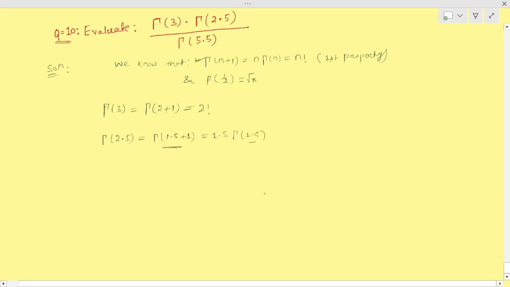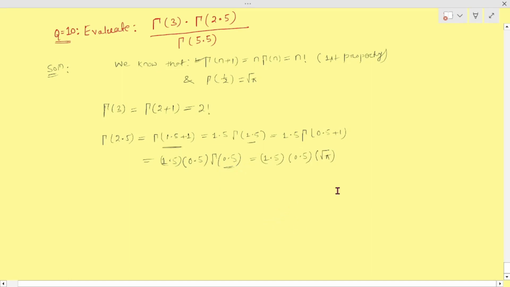Again, gamma 1.5 can be written as 0.5 plus 1, so this will be equal to 1.5 into gamma 0.5. Gamma 0.5 is nothing but gamma half, so 1.5 into 0.5 into root pi, since gamma half is root pi.